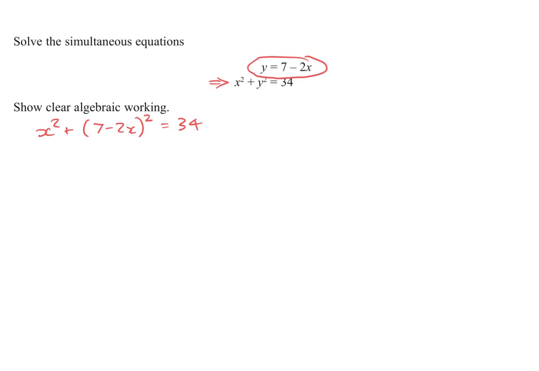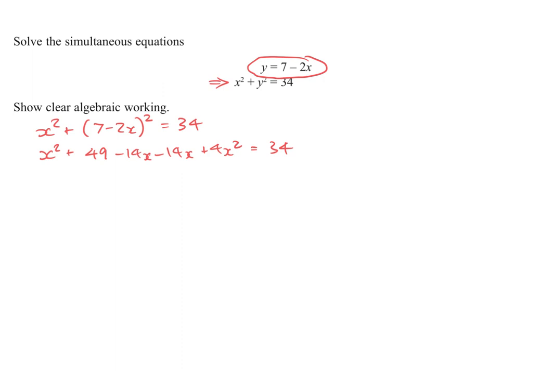Now let's expand and simplify. So we have x squared plus 7 squared is 49. Then I have minus 14x, minus another 14x, plus 4x squared equals 34.